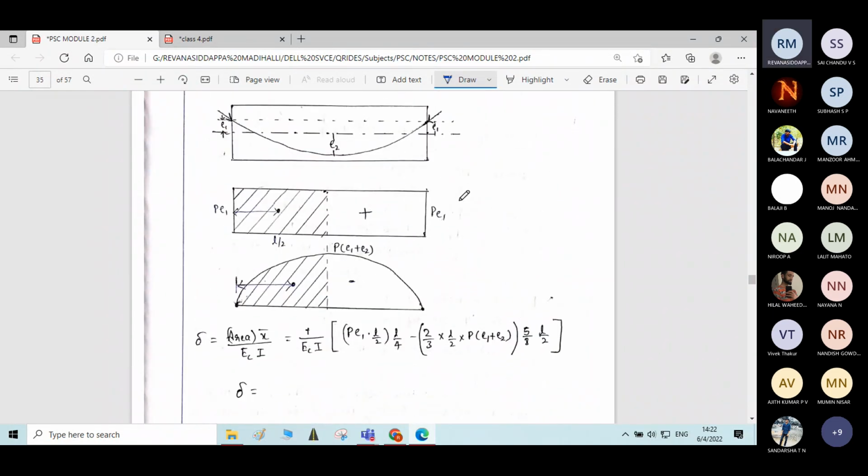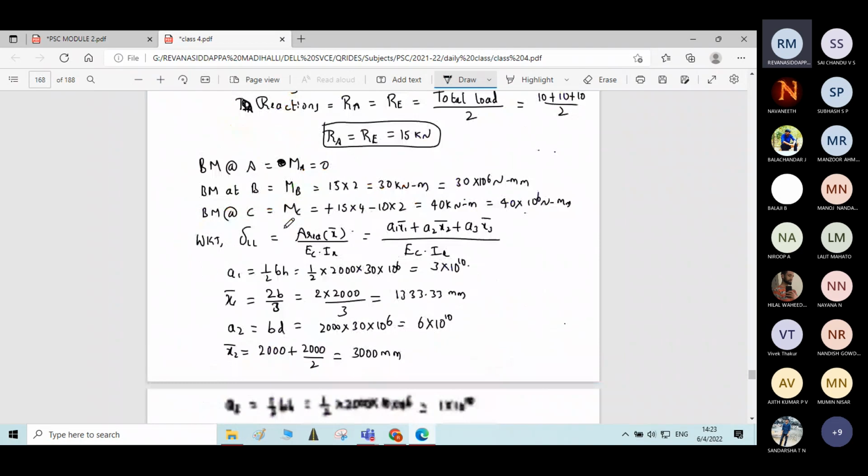Yes, this is the nature of the diagram which you have to take for the calculation of deflection due to prestress. Here you can see part of the cable is above the central axis of the support and part of it is below the central axis. So these two diagrams you need to write here. Let me write the same diagrams here.